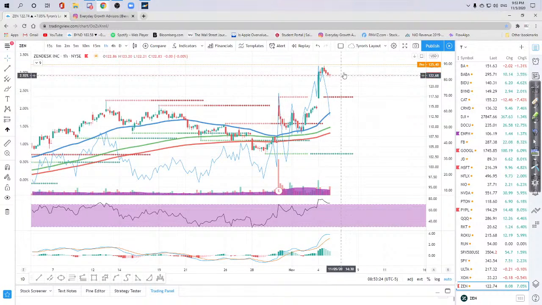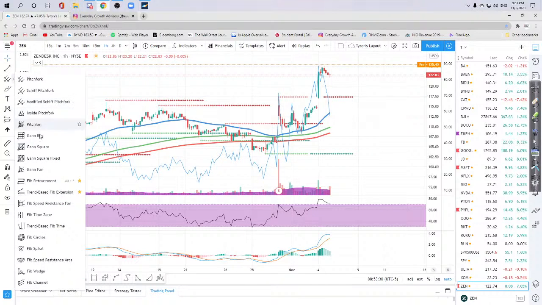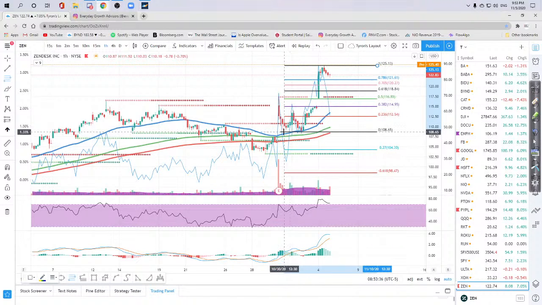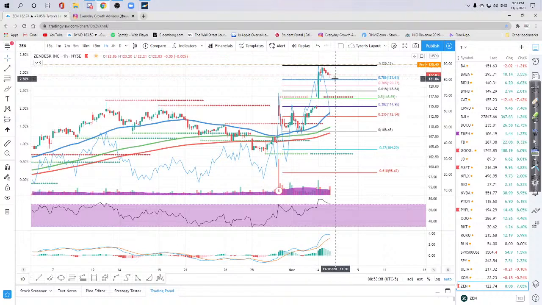Also, remember, it broke out of resistance. It's been consolidating up here. It could continue to run, but you want to be extremely careful. How you want to do this is measure the retracement. From the top, use the fib retracement down to the swing low here. You can see the 50% retracement will be here, exactly where the resistance is.